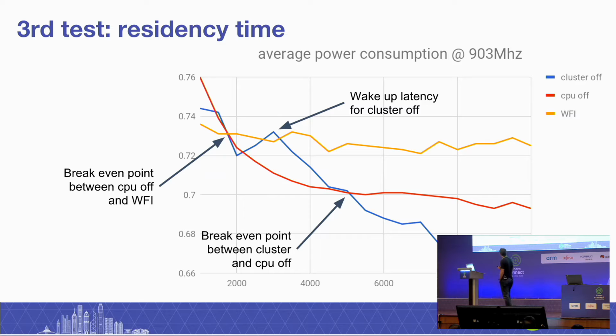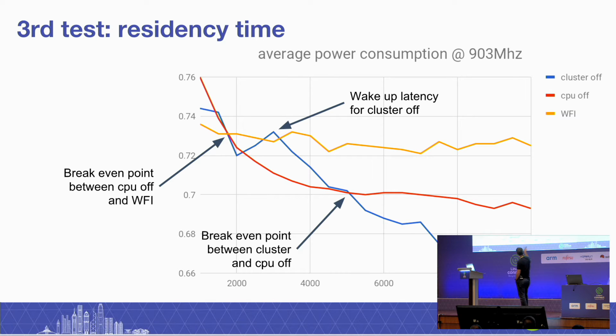And at the end, what we have is something like that, some chart. So this is the power consumption for the 3 states of the big cluster. On the x-axis, it's the wake-up period, or the sleep duration. And the y-axis, the vertical axis, is the power consumption. But we don't really care about that.